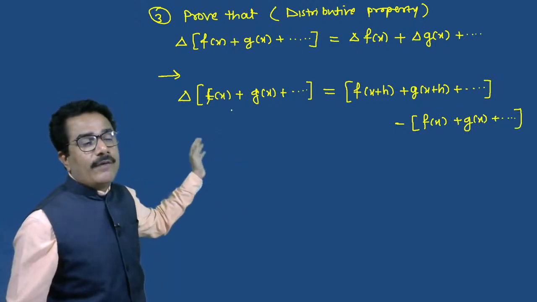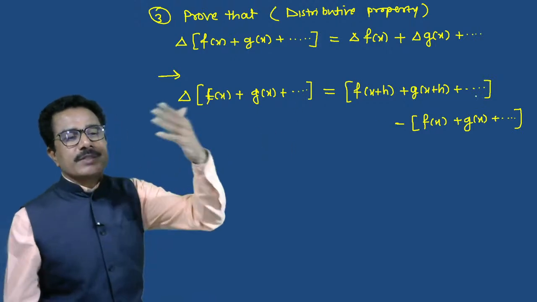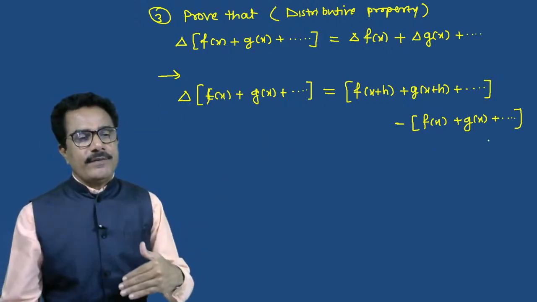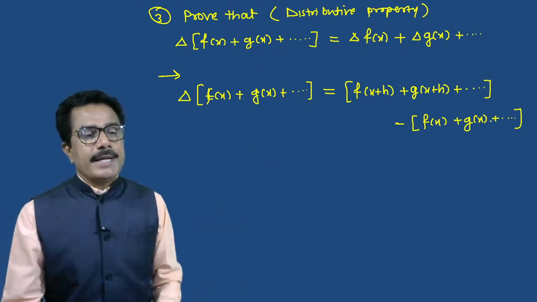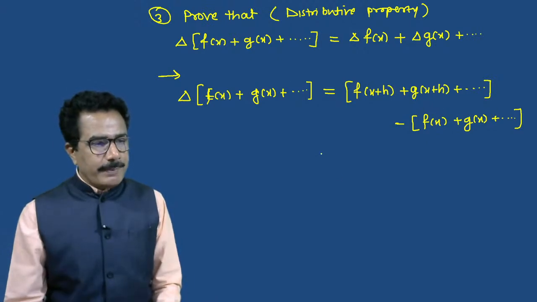See this, f of x plus h means f of x plus h minus f of x. So consider this function as f of x plus h minus this is f of x. Now we can separate this.